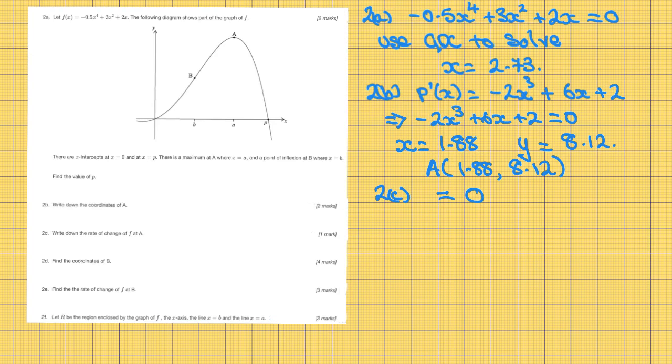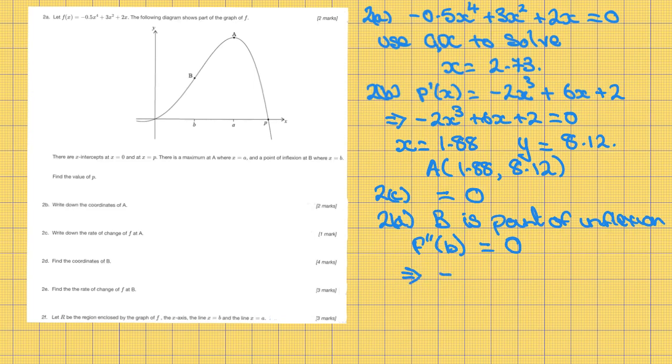2d, find the coordinates of B. We are told that B is a point of inflection. That means that f double dash of x at B is equal to 0. Therefore, minus 6x squared plus 6 is equal to 0.